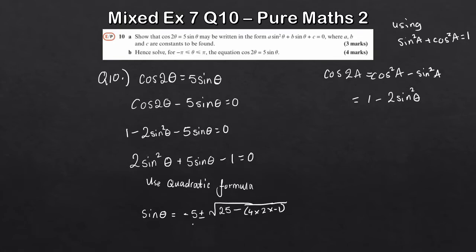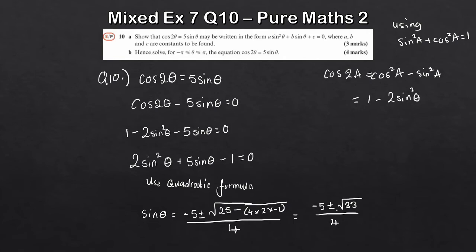And then we divide that all by 2a, so 2 times 2, which is 4. And if you simplify all this, I've already done this by hand, but if you do all this by hand, you'll get minus 5 plus or minus square root of 33 divided by 4. Okay, so this is sine theta.